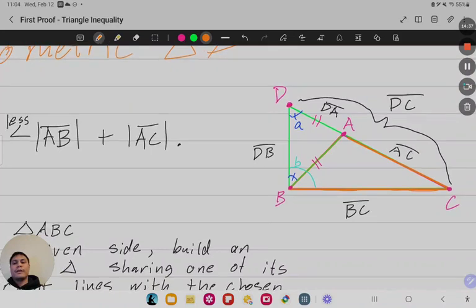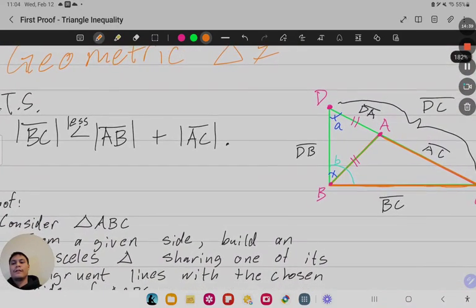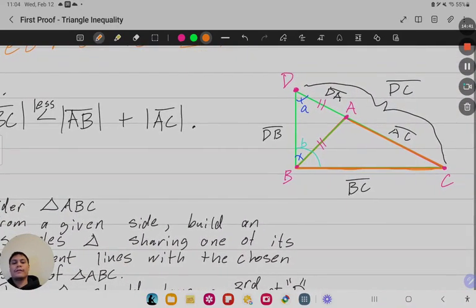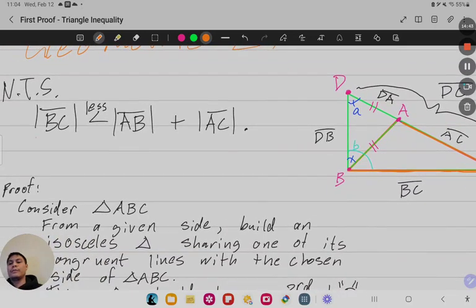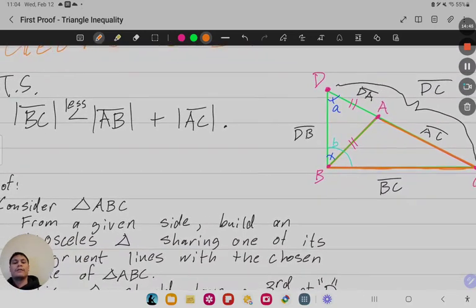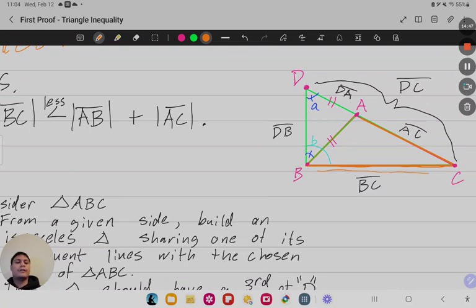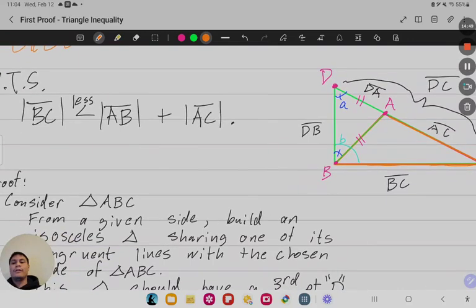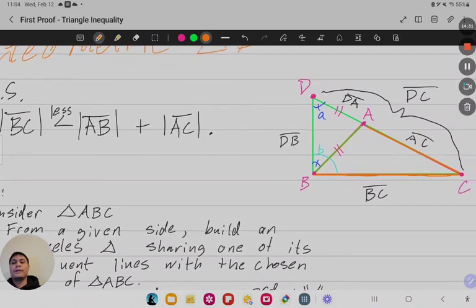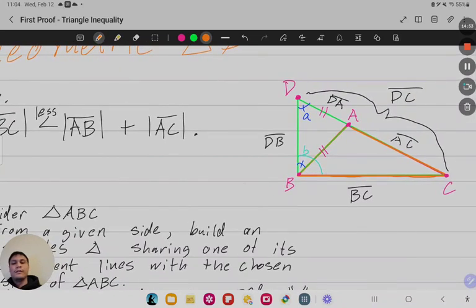What we want to say is that the length of side BC, written with these bars here, is going to be less than the length of AB right here plus the length of AC right here. And that's what we're trying to prove.